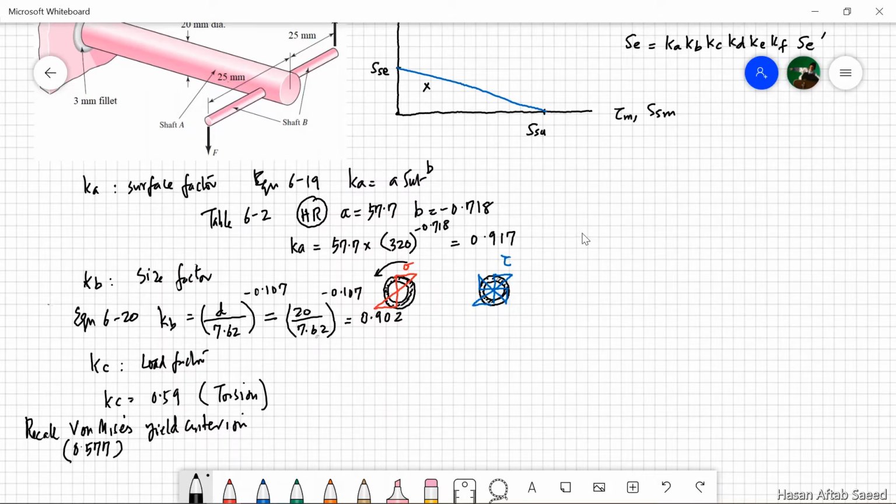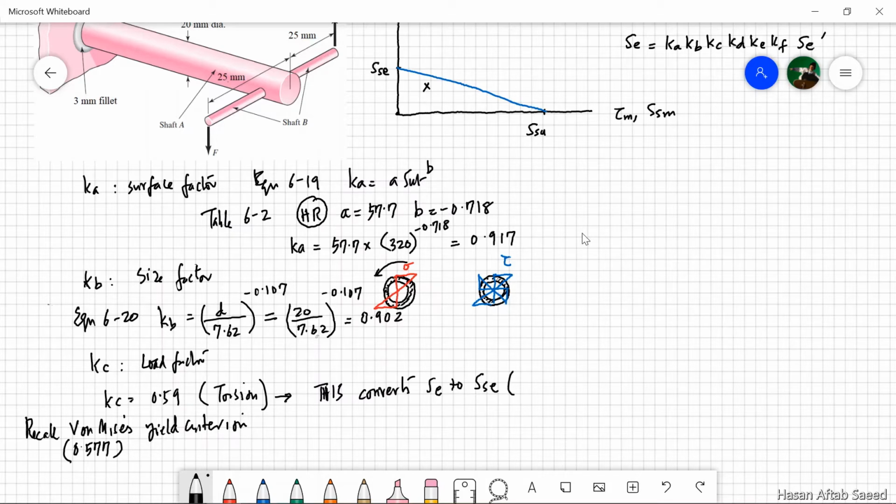This is an important point to be noted here. This converts Se to Sse, because we are not interested in the endurance limit, we are interested in the endurance limit in shear.